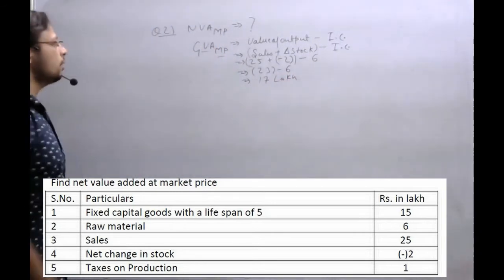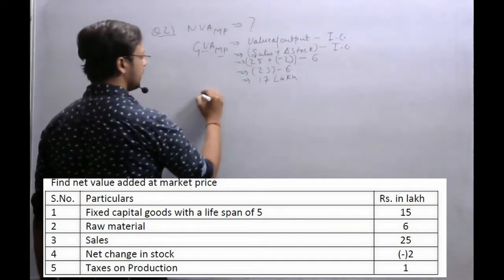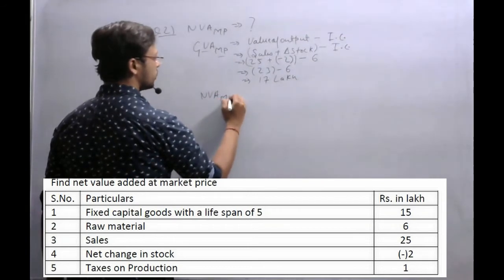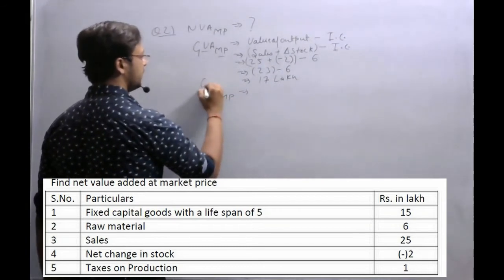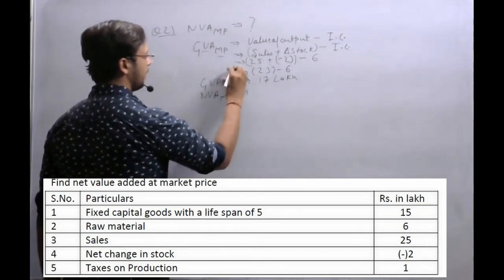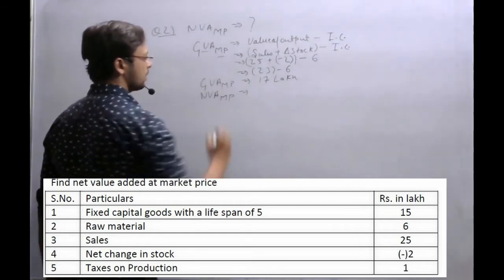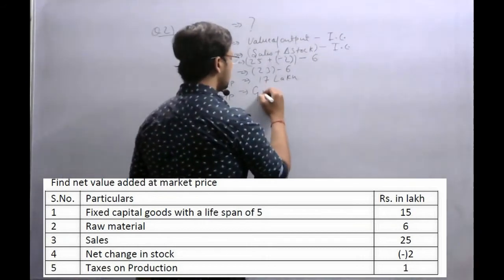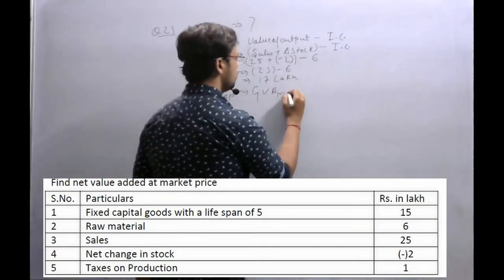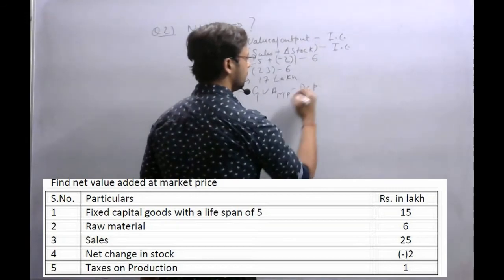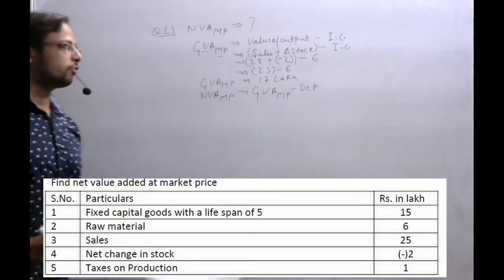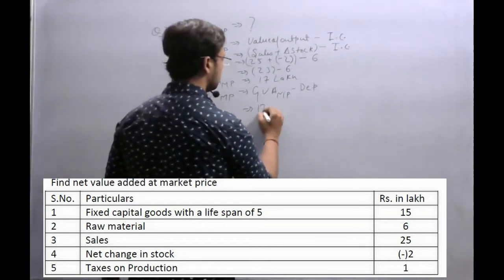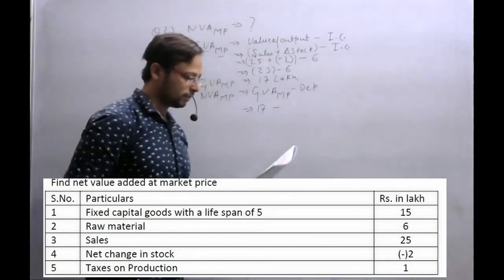Now it is GVA at MP. Now you have to find the value of NVA at MP, as the question is asking for NVA at MP. As I have told you, for converting G to N, you will have to deduct depreciation. So it is 17 minus the value of depreciation.